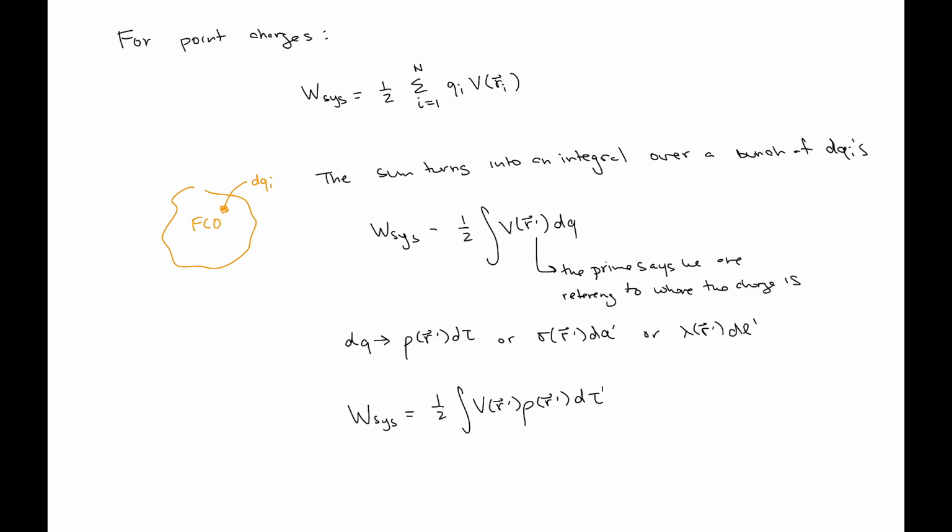Okay, let's think about this another way. Another way that is also useful here, right, we have to know what the potential is and what the charge distribution is. So maybe we want to find ways to find the work if we know something else about our charge distribution, like the electric field. Let's transform this integral a little bit.